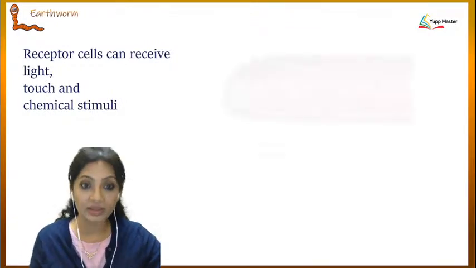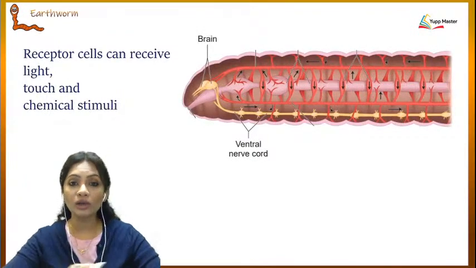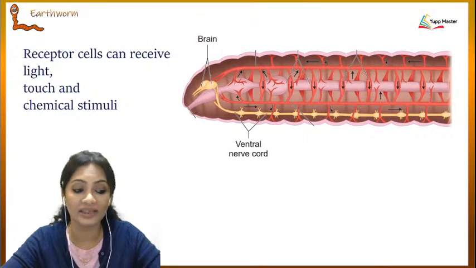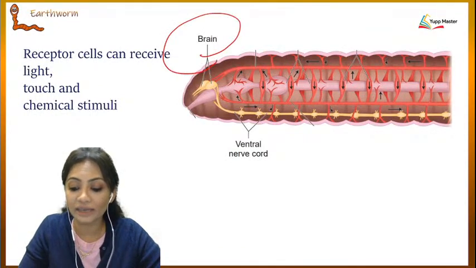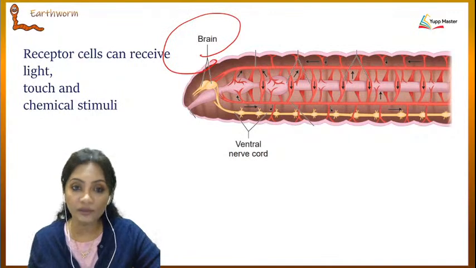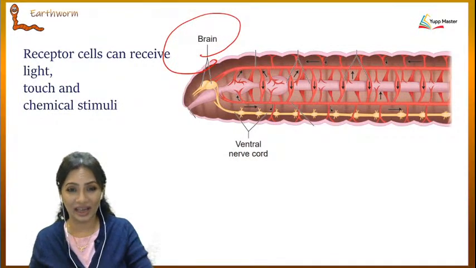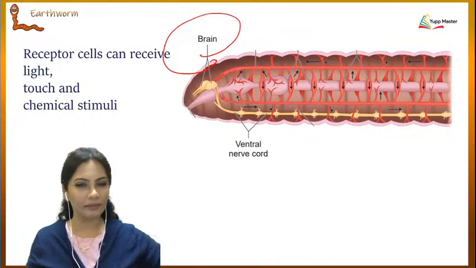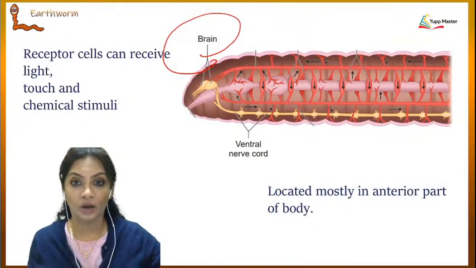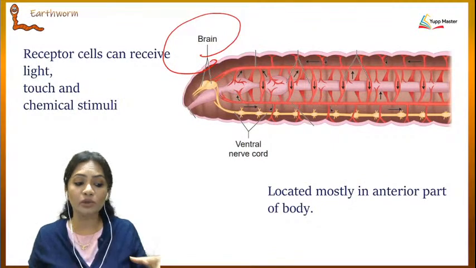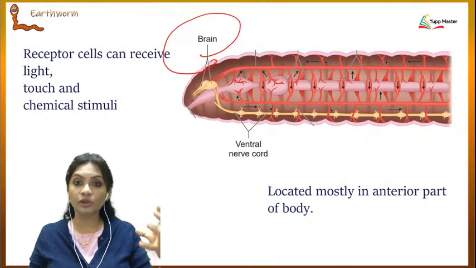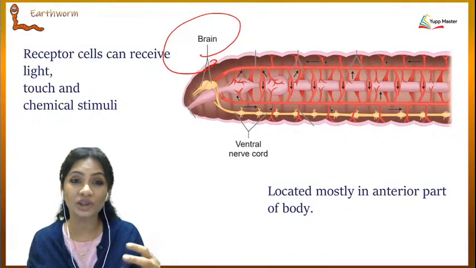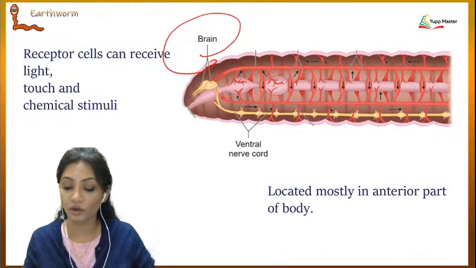These receptor cells are all placed near the anterior end of the earthworm, meaning near the initial segments, near the brain. Remember, these are not like vision. It is not able to see, but it is able to sense light. That's why we say that earthworms are actually nocturnal animals.